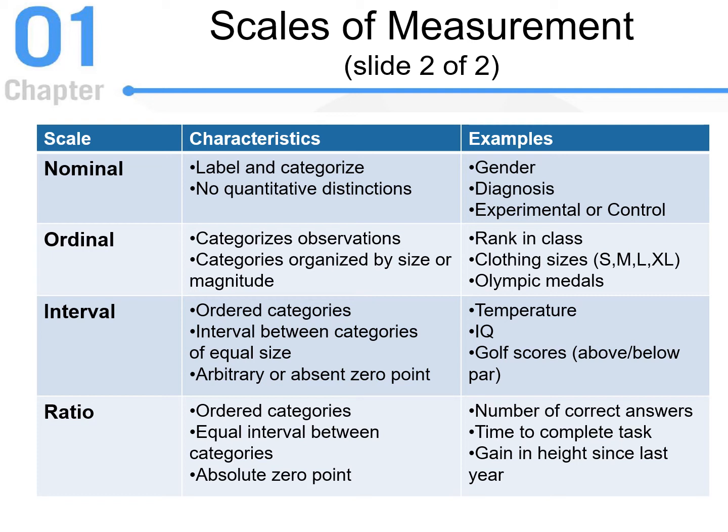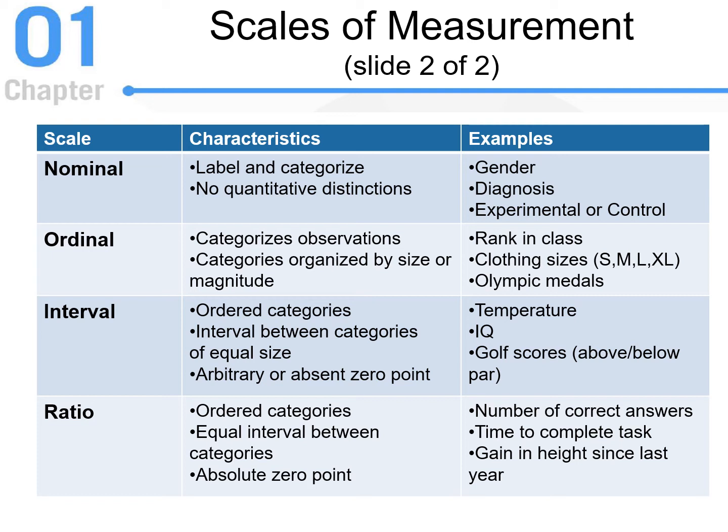Olympic medals, a gold medal is better than the silver medal, which is better than the bronze medal. So they're categories, but they're also rank ordered. You finished first in the race, second, third, or 50th in the race. Those are categories, but they're arranged in order, so it's an ordinal variable, ordinal level of measurement.